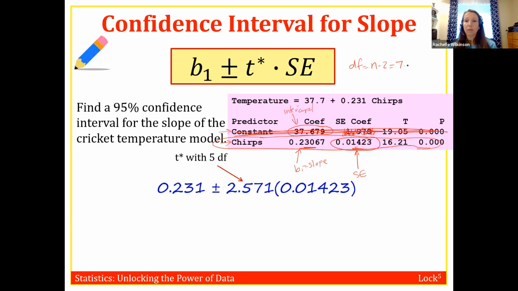So degrees of freedom would be 7 minus 5. No, why do I say that? I get all confused because I just saw the number 5 there. Okay, degrees of freedom are equal to n minus 2, which in this case is equal to 7 minus 2, which is equal to 5. So we have 5 degrees of freedom. So we're basically going to just find this the same way that we've been finding T star all along.